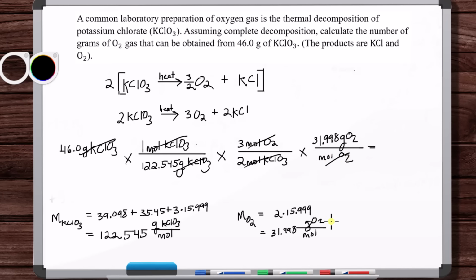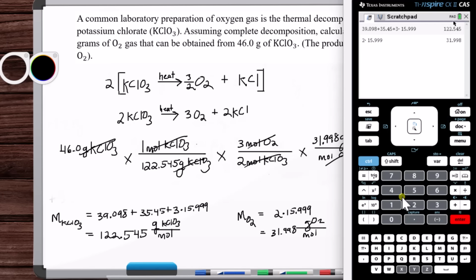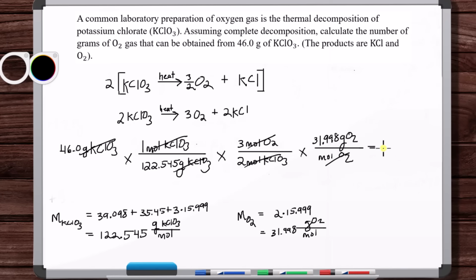There we go. Now we've got everything we need to get the grams of O2. Just do the multiplication: 46 times 3 divided by 2 divided by 122.545, times 31.998, gives 18.02 grams of O2.